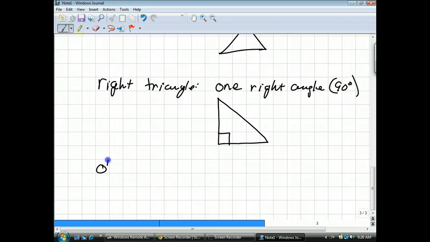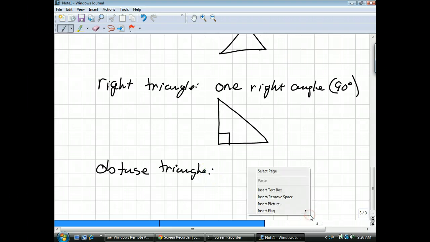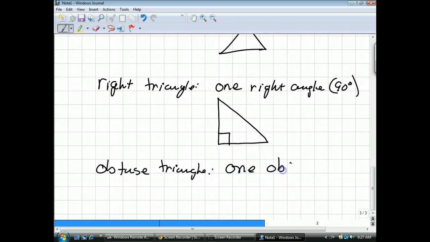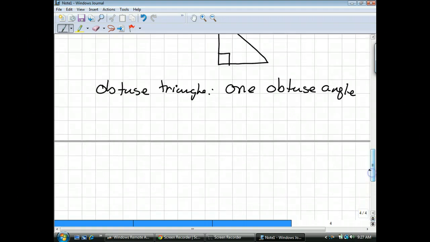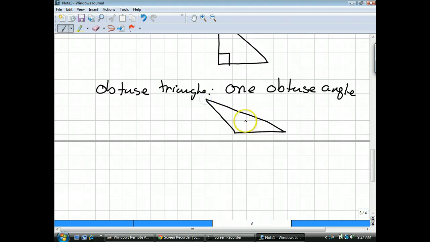And then we have an obtuse triangle, and that is one with exactly one obtuse angle. Okay, so that would look something like this. So this would be the obtuse angle. So notice that the other two angles must be acute.